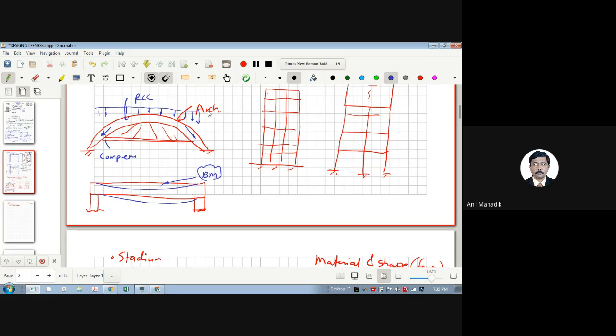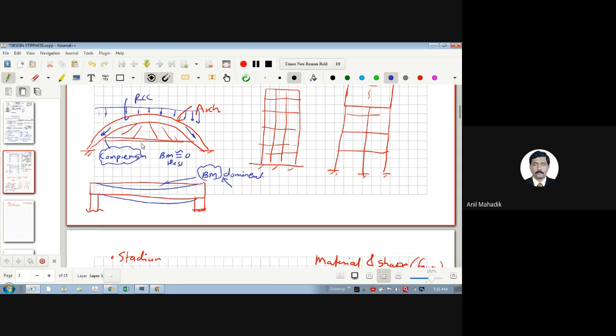Now, if it is an arch, the more important force will be compression, and bending moment is near zero or very small. So compression is dominant. As you change the shape, the behavior and the forces change. In the horizontal beam, bending moment is dominant, and in the arch compression is dominant.